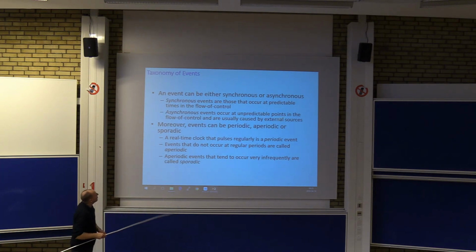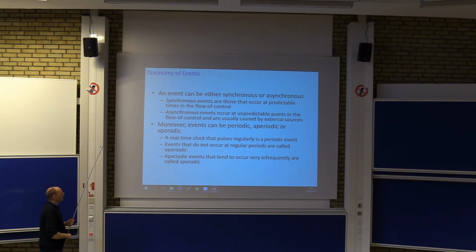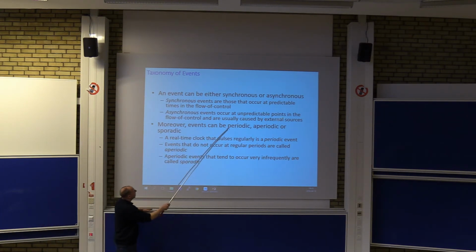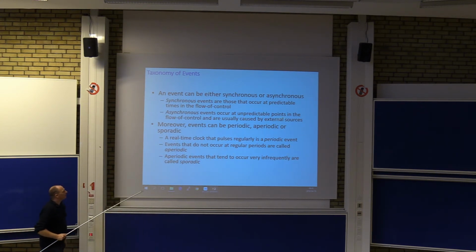Events can be synchronous or asynchronous. Synchronous events occur at predictable times, and asynchronous events occur at unpredictable times, for example the button that I talked about. But what we typically talk about are periodic, aperiodic, and sporadic events.